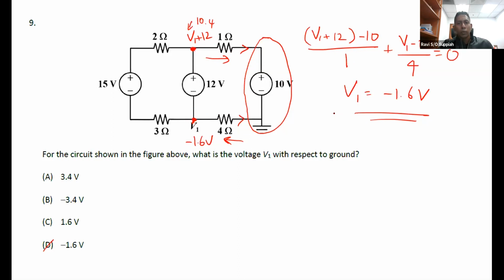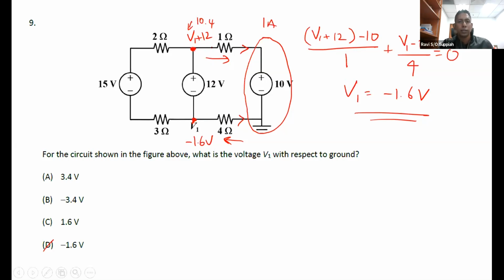So our initial assumption of the current direction is arbitrary. That is just to come up with the equation. After we solve, we know the voltage, so we know the current flow. Whether I call this positive current or negative current now depends on my direction, knowing how the current is flowing. Let's assume that this is 1 ampere flowing in this branch.